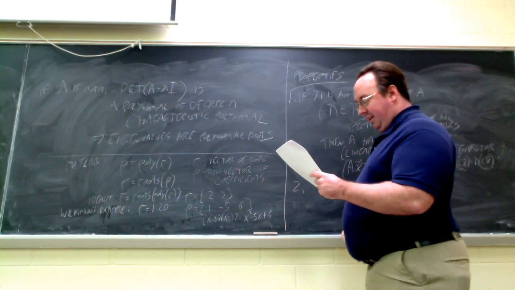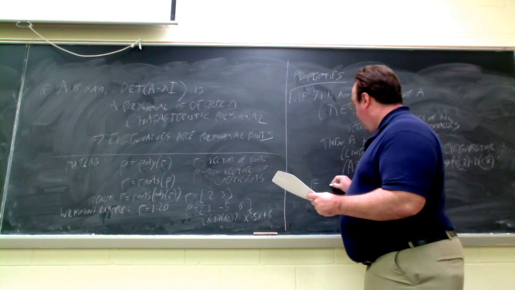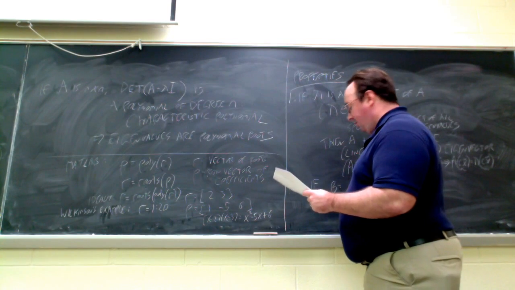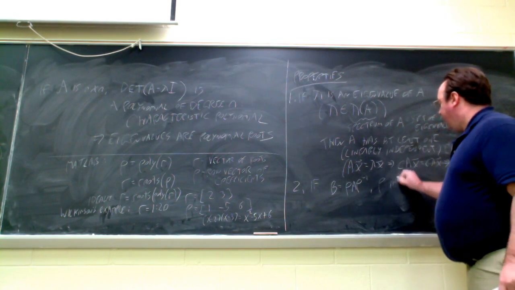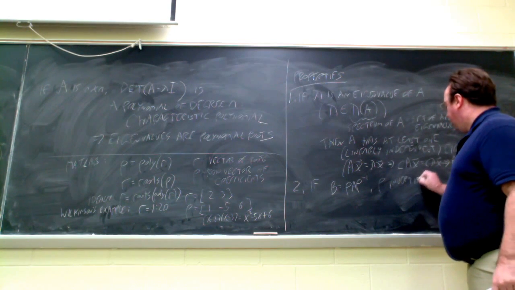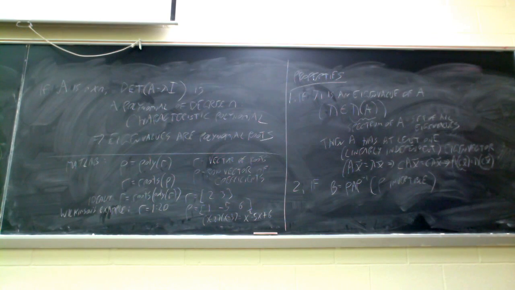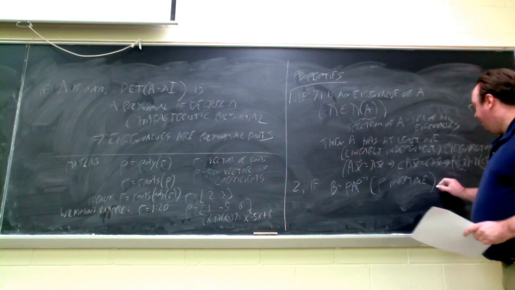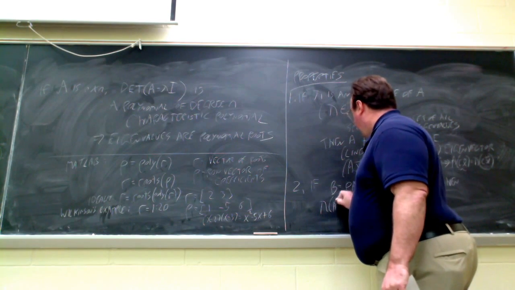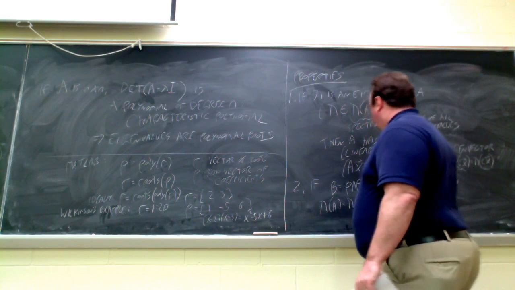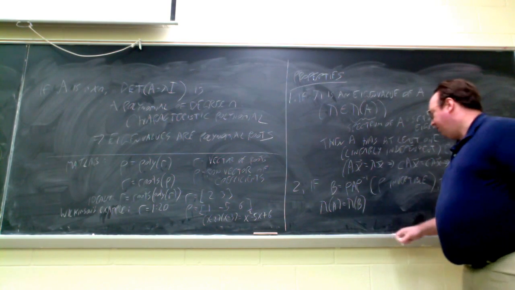The second property is, if you have this kind of relationship, B is equal to P A P inverse, where the matrix P has to be invertible, because I'm using the inverse, then the eigenvalues of A are the same as the eigenvalues of B. So they have the same spectra.